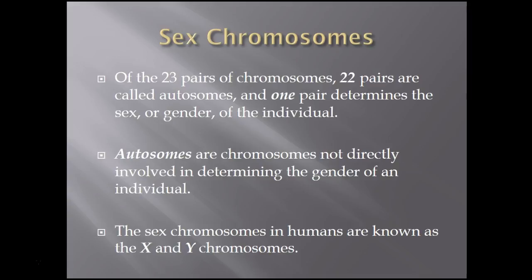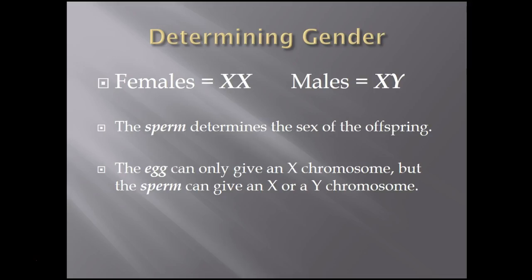The sex chromosomes in humans are X and Y, XX being for female and XY being for male. So you can see that it's the male, or the sperm, that determines the sex of an offspring because eggs carry an X chromosome only, but a sperm can carry either an X or a Y.